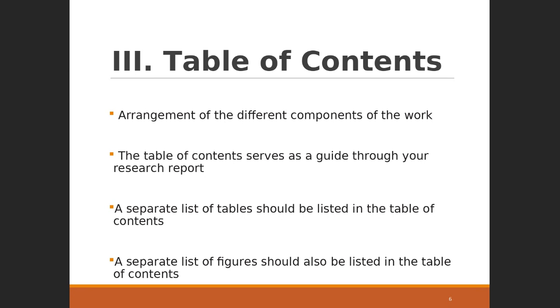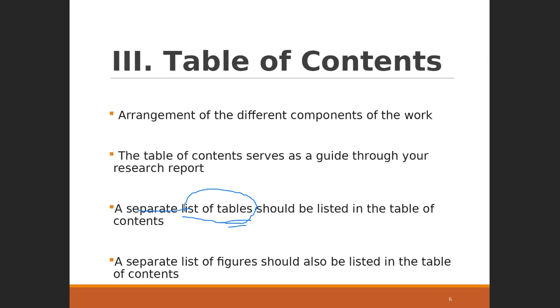You also need to provide a list of tables which you have presented in your research report, because in the results and analysis section, you will have plenty of tables. Maybe 10 tables, 15 tables. So you need to have a separate list of tables.